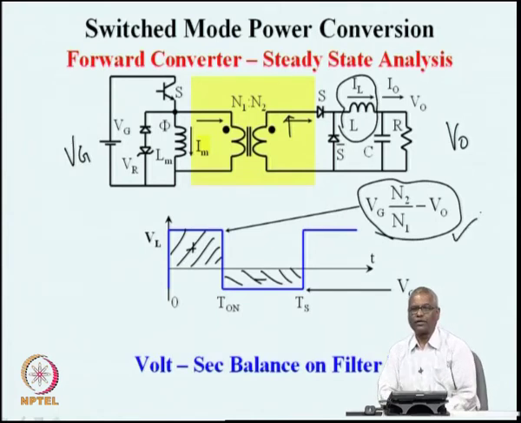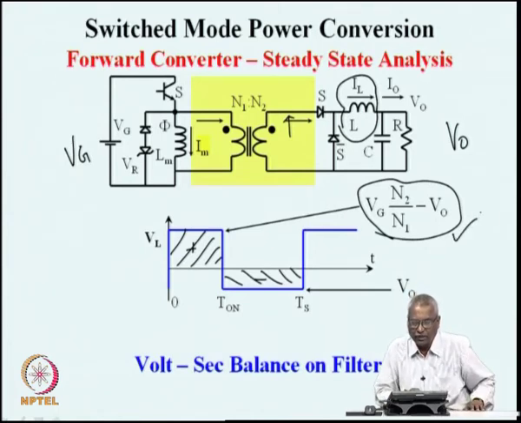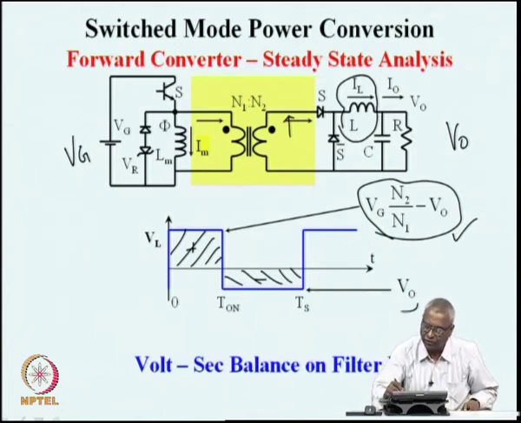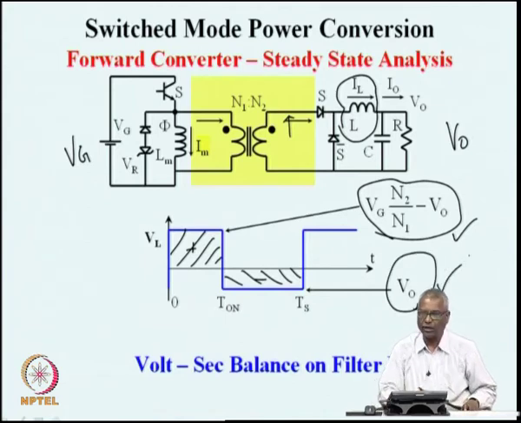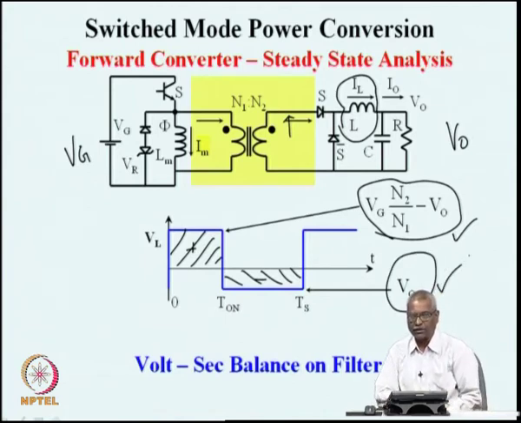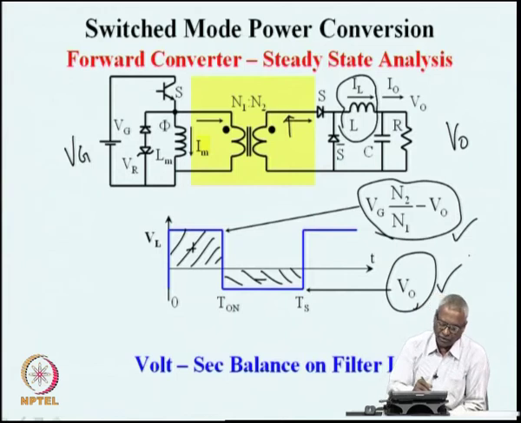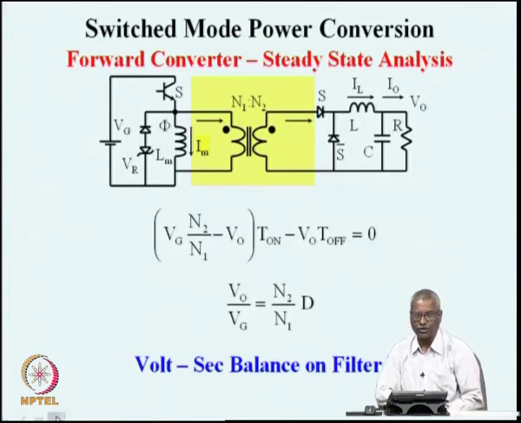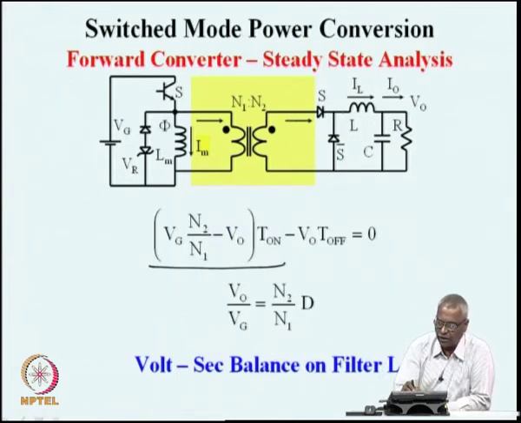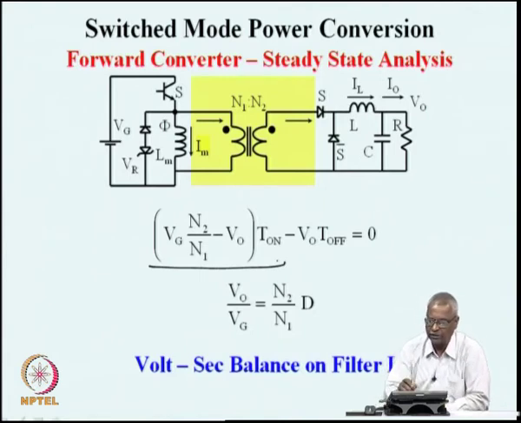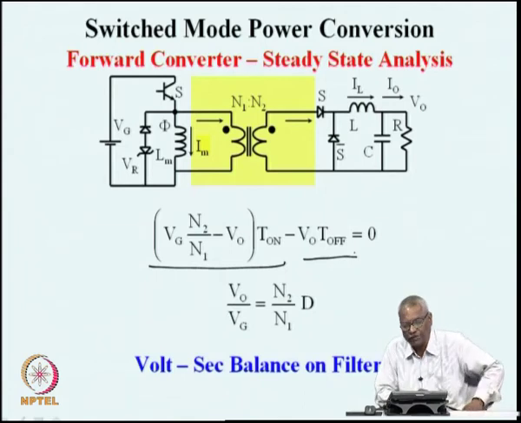So, during on time, the voltage across the inductor is Vg into N2 by N1 minus V naught, and during the off time, the voltage across the inductor is just V naught. If we balance the volt second between these two, you find that T on multiplied by the on state voltage minus T off multiplied by off state voltage has to be 0.